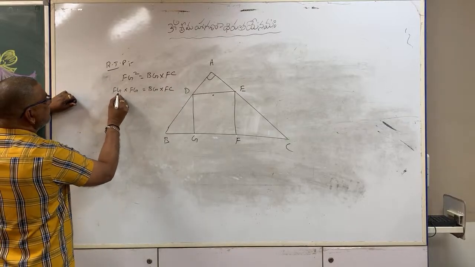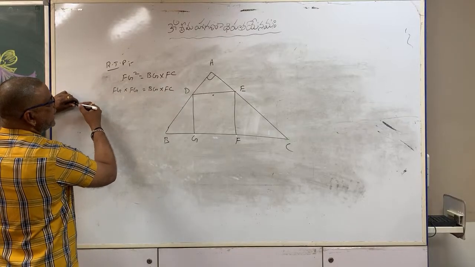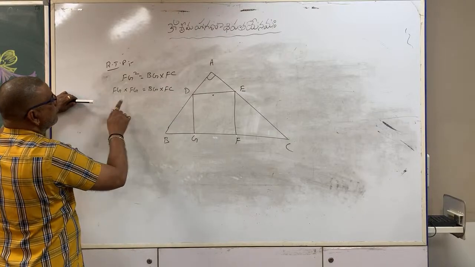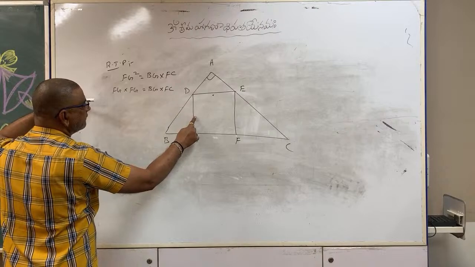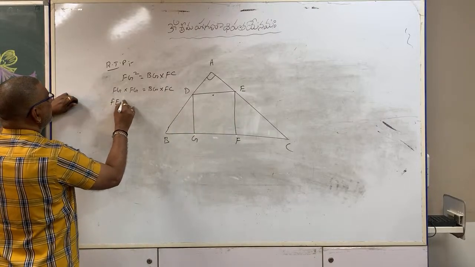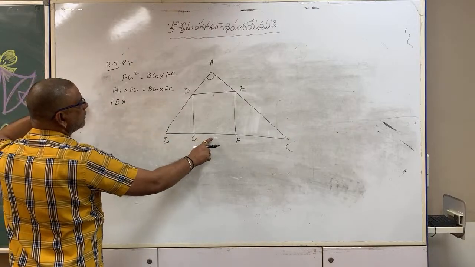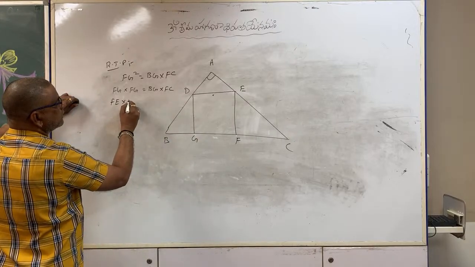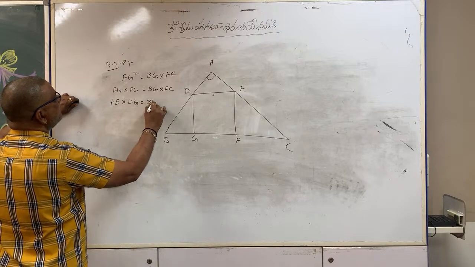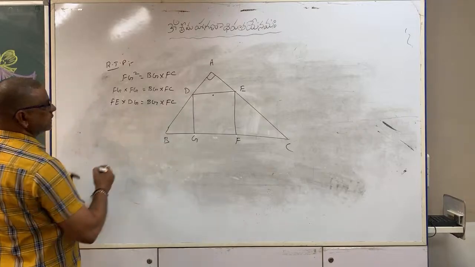But this FG, instead of this FG, what I take? We can take this side or this side, FE into DG is equal to BG into FC.